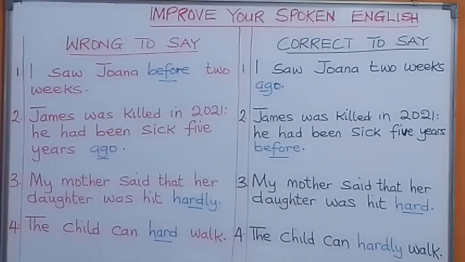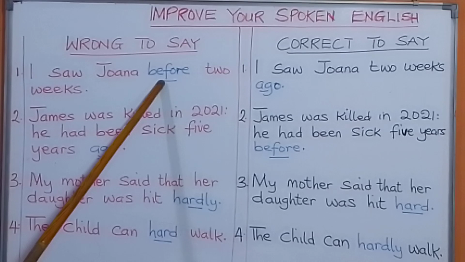We use before in counting from a distant to a nearer point in the past. You have to understand that we use before when we want to count from a distant to a nearer point in the past.